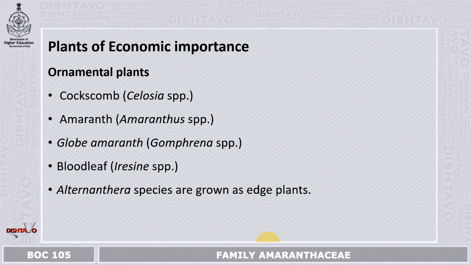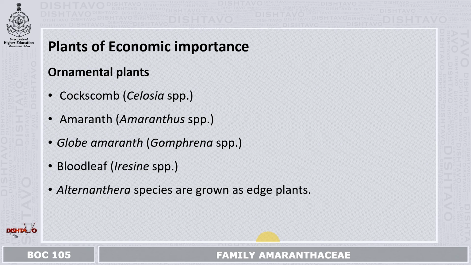Plants of economic importance. Ornamental plants: Celosia species commonly referred to as coxcomb, Amaranthus species commonly known as amaranth, Gomphrena species commonly known as globe amaranth, and Iresine species.